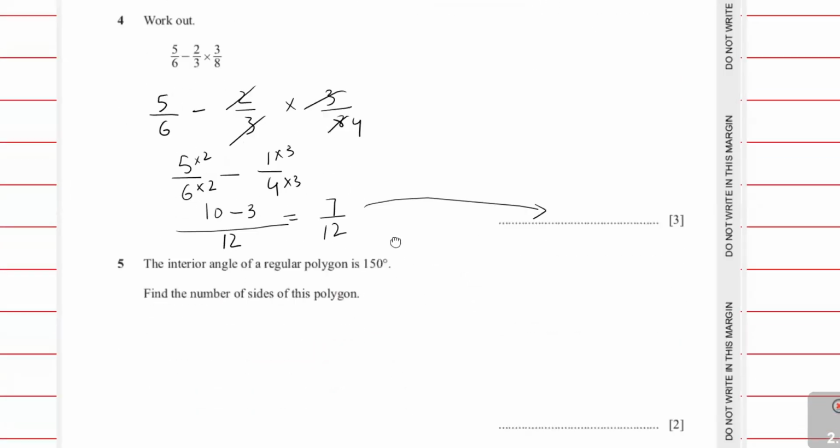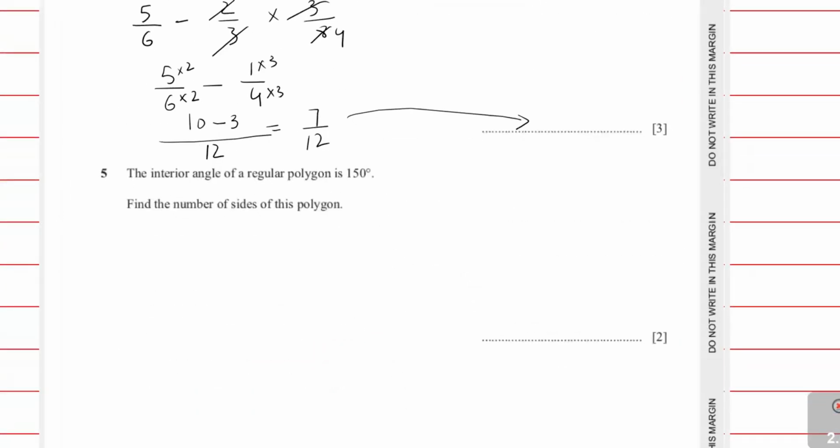Question number 5. The interior angle of a regular polygon is 150 degrees. Find the number of sides of this polygon. The number of sides of the polygon we can calculate by using the formula: the number of sides equals 360 degrees over the exterior angle.